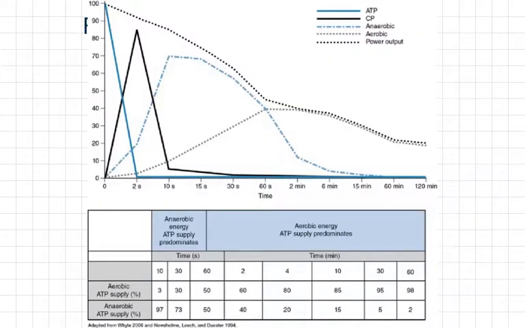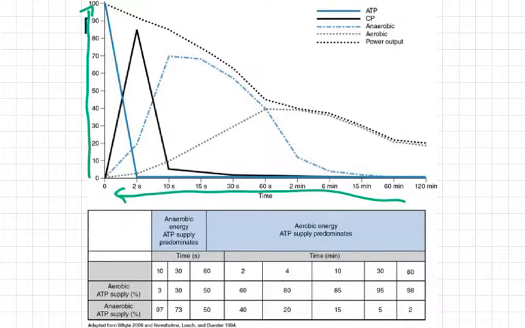In previous videos, we showed with this graph that as intensity increases, duration decreases, right? And within this, we have these different selections of the energy production pathways. For example, we have the usage of stored ATP when intensity is very high, or we're just doing a basic reflex movement, and it lasts only about 1 to 2 seconds.